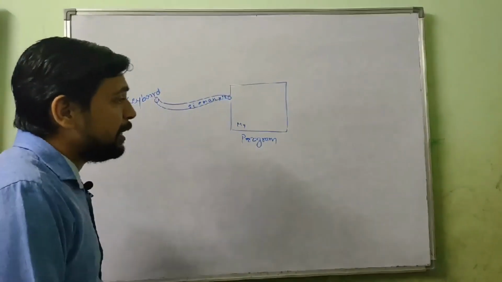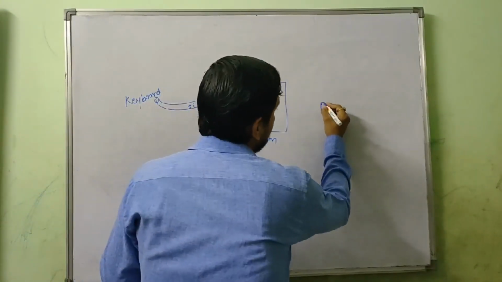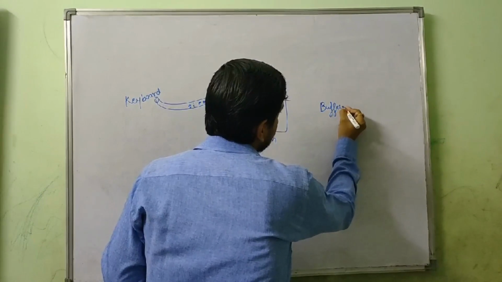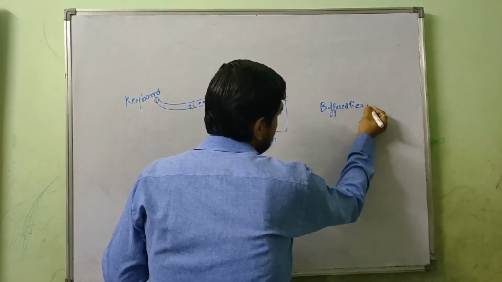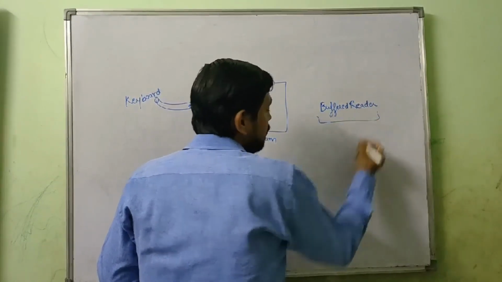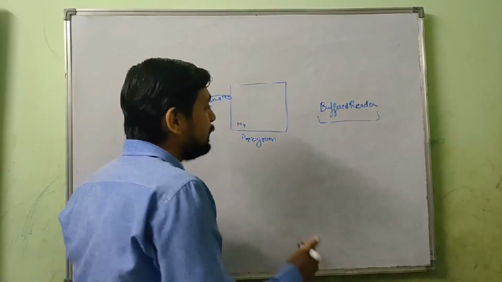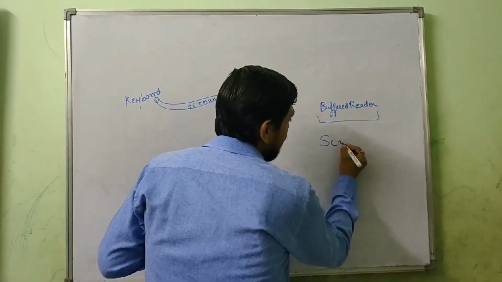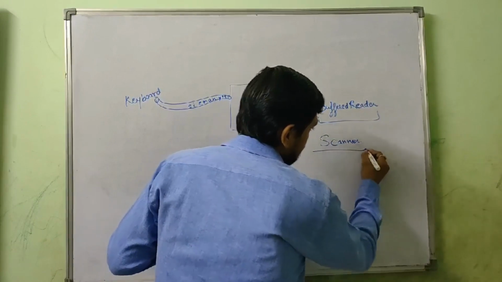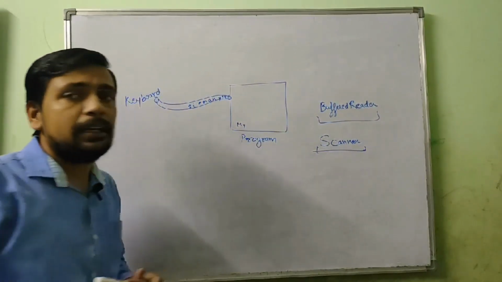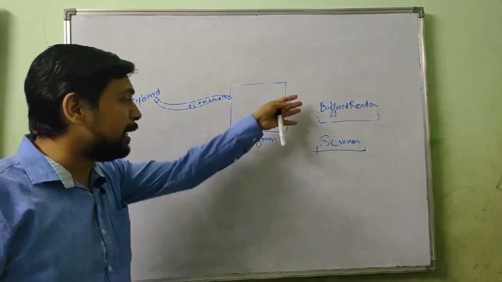So let's see what the buffer memories are. The two buffer memories that we can use are BufferedReader, which is a buffer memory that can be connected to an InputStreamReader, and the other one is Scanner. We can use either of these two.